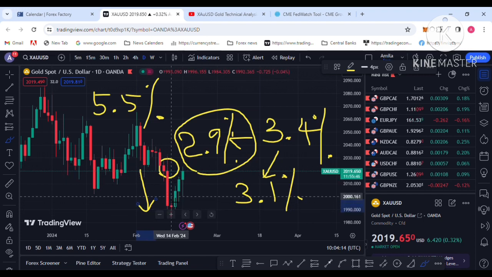That is how the gold chart acted with the inflation report. So you should know how to read the chart with economic data. That is the dollar demand and gold drop on the inflation report. You should know how to read the chart carefully with economic data like the inflation report.